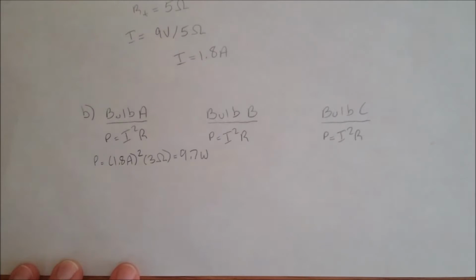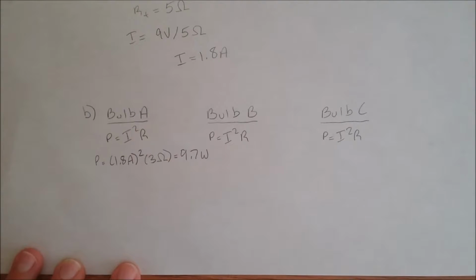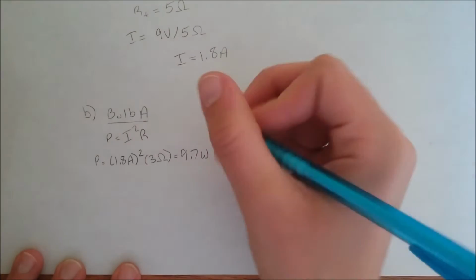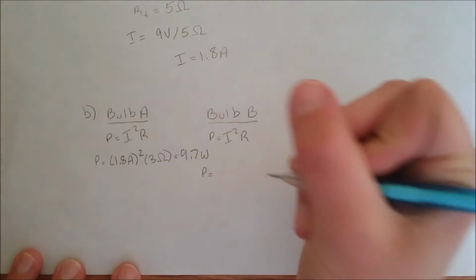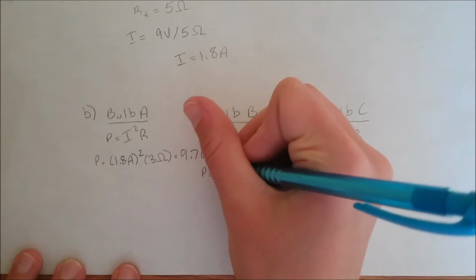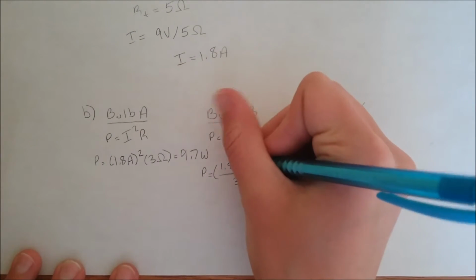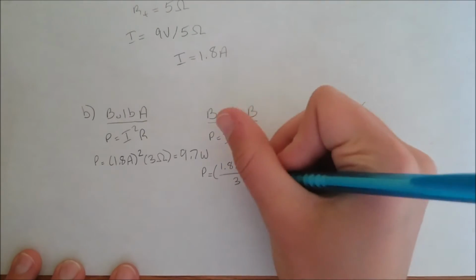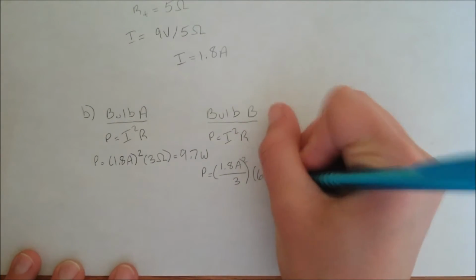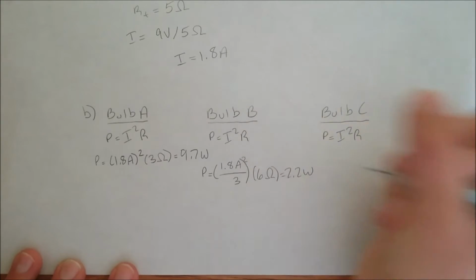Now we do the same thing for the respective values of bulbs B and C, except that the current of 1.8 amps is divided by 3 for bulb B, and for bulb C it is divided by 2 because it is in parallel instead of series. So for bulb B, we use 1.8 amps divided by 3, all squared, times 6 ohms, which equals 2.2 watts.